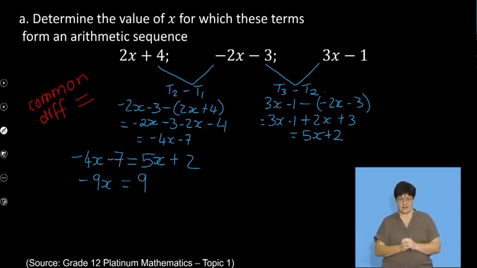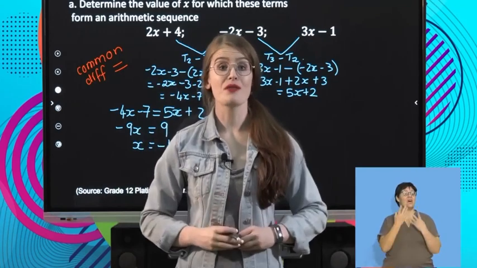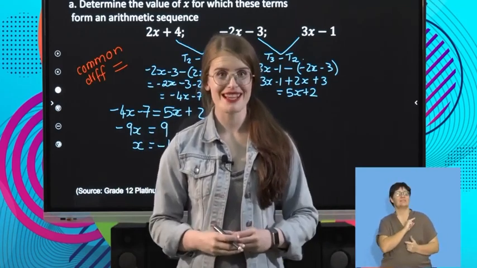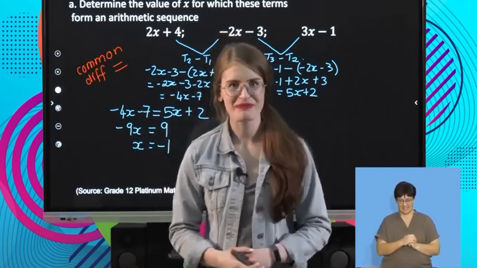In order to isolate for x, I'm going to divide both sides by negative 9. So that means that x is equal to negative 1. I hope that everyone's still with me. So the main reason that I could solve for x was equating common differences and then solving for x. Let's have a look at the next part of the question.